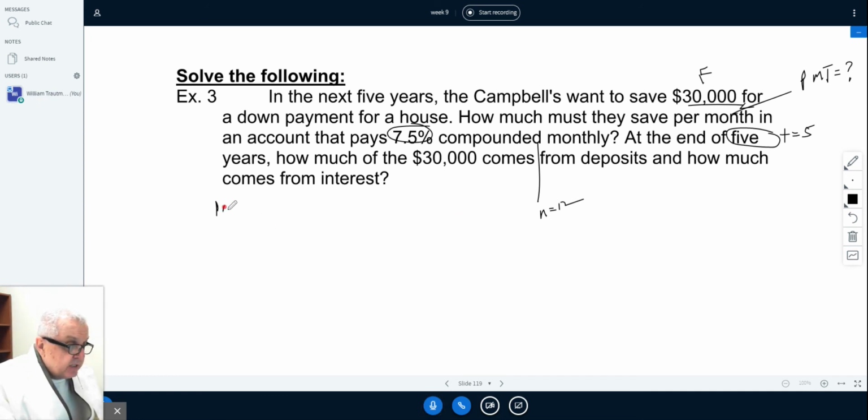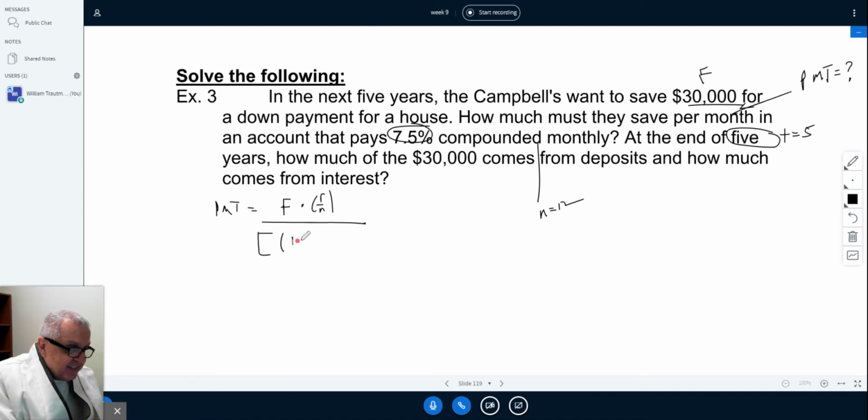Payment equals the future value times r over n, divided by, and once again this is a parentheses thing, 1 plus r over n raised to the n times t, minus 1. So this is finding the payment if we want $30,000 in the bank in 5 years.